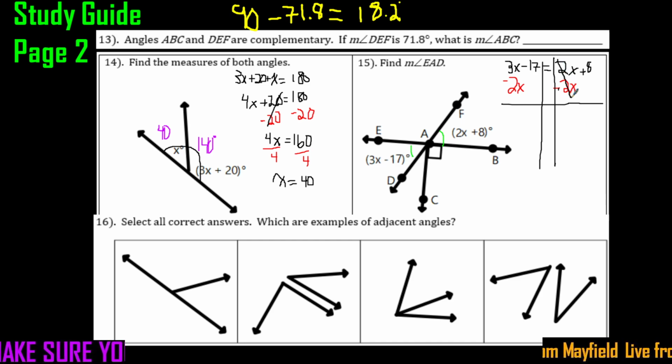So on the right, I'm just left with my 8, and I have equals x minus 17. Last step, be able to add 17 to both sides, because I'm trying to get that variable by itself. So plus 17 to both sides. And so I'm going to have left over x equals 25.